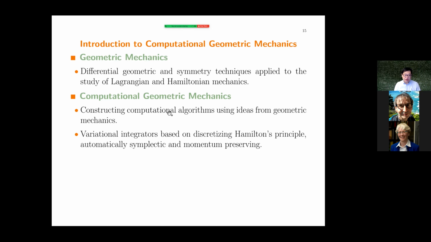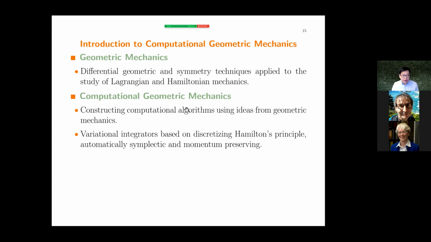And computational geometric mechanics aims to use or construct computational algorithms using these ideas. In particular, a lot of what I work on is based on variational integrators, which are based on discretizing Hamilton's principle. They have the advantage that if you construct your integrators in this way, they're automatically symplectic, and under fairly reasonable conditions they are also often momentum preserving.